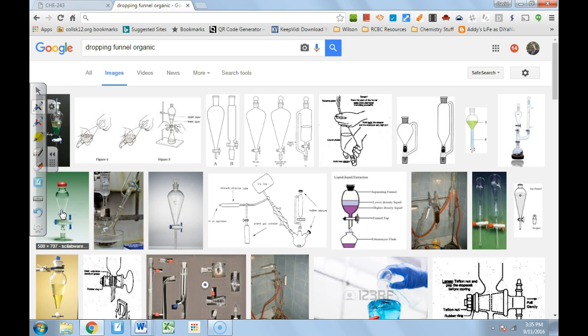So if the bleach isn't going in there quickly, just double check that the lid is off of the addition funnel.